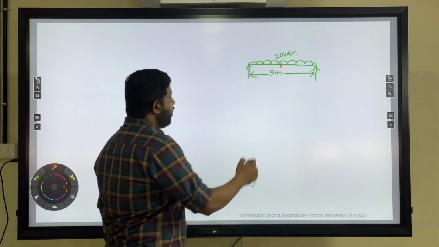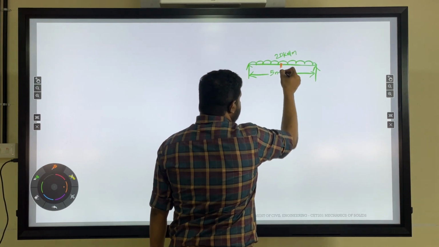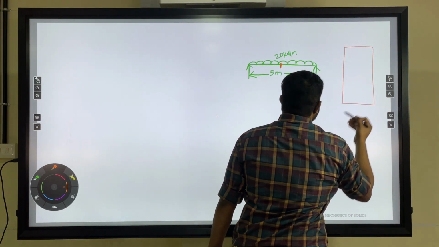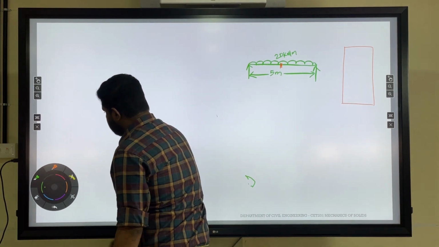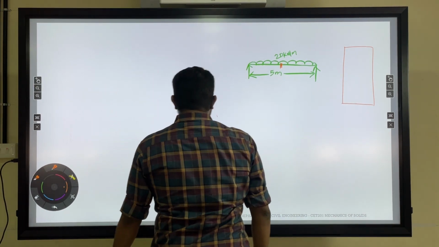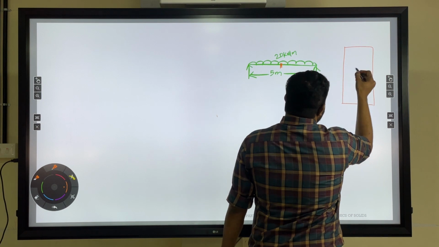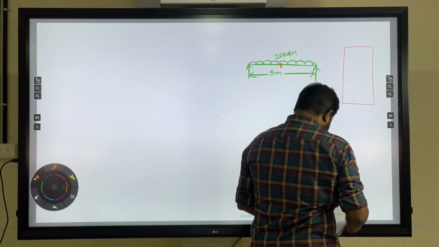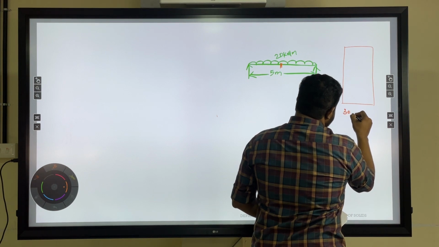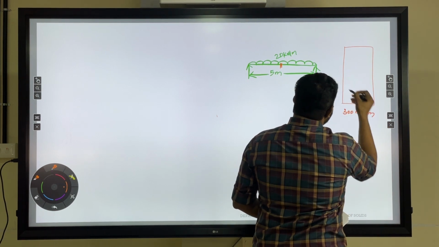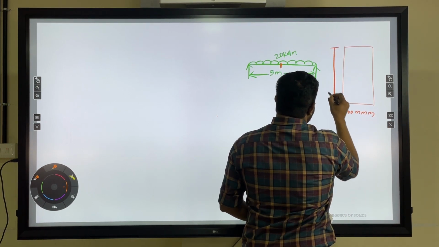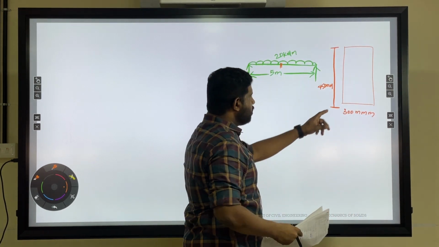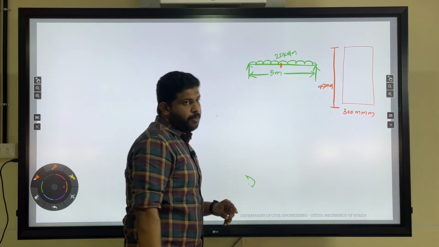Okay, and if we are considering the cross section at this section, we will be getting a rectangular section of dimensions 300 mm width and 450 mm. So we are considering the cross section at this point, at the midpoint.